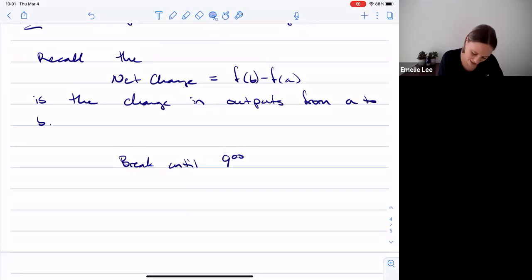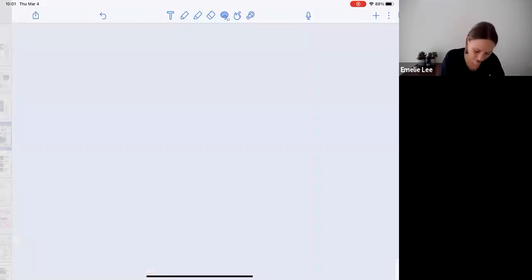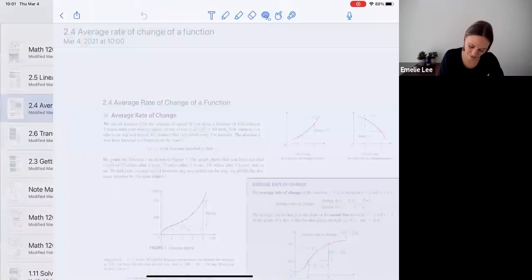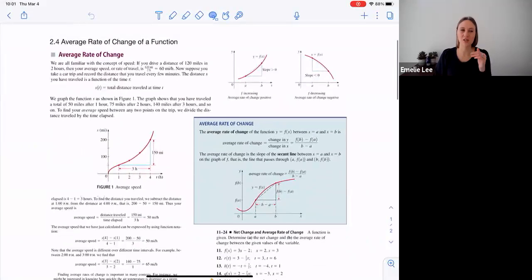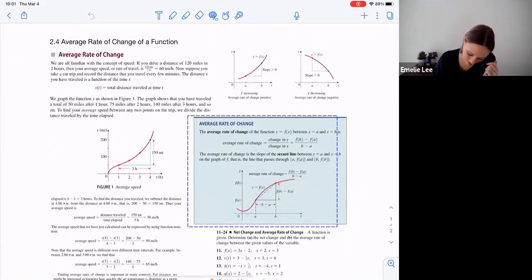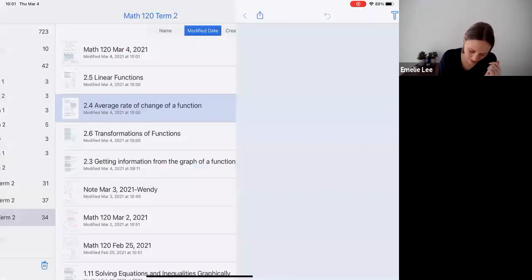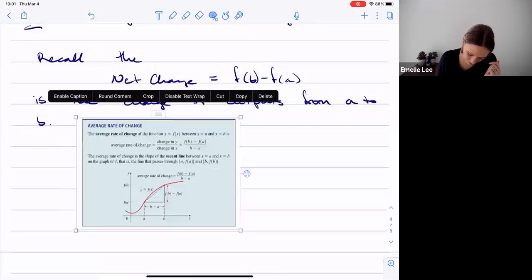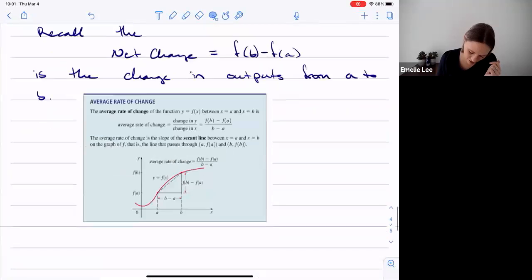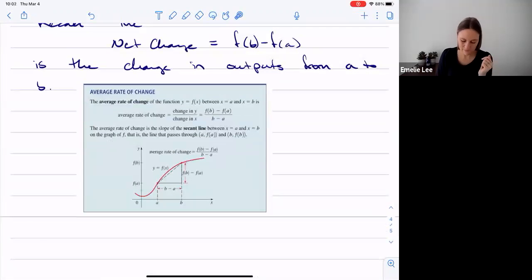All right, so now I have the 2.4 notes. The average rate of change is really just an extension of the net change. So let's grab this little guy here. The average rate of change is going to be the change in y over the change in x.